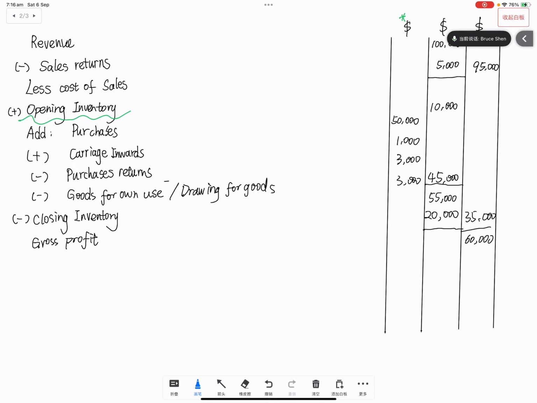Like we have done 50% of the income statement. Really straightforward, yes. So I don't think I have much space, so I just simply change the page, right? Let me draw those signs.